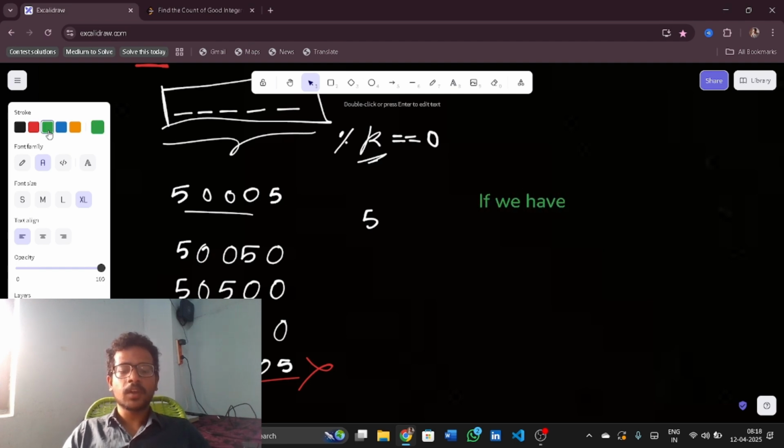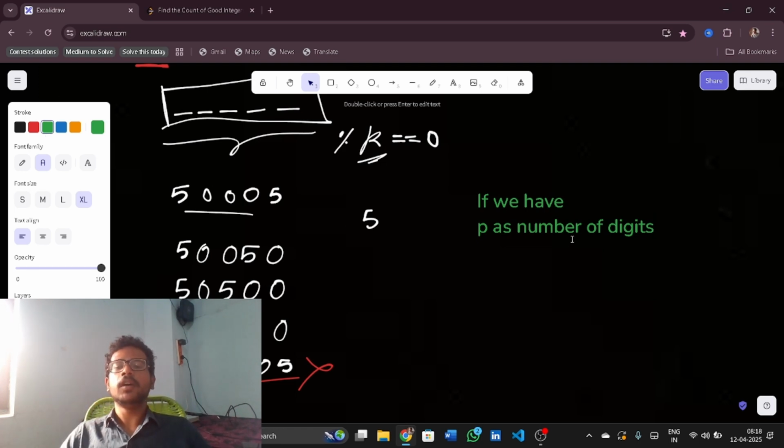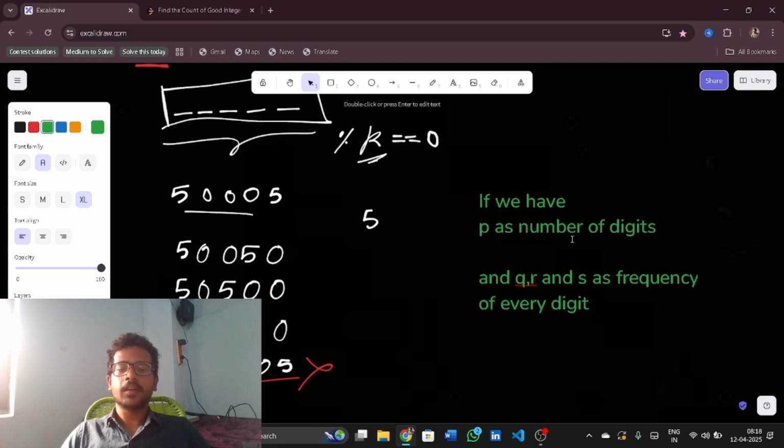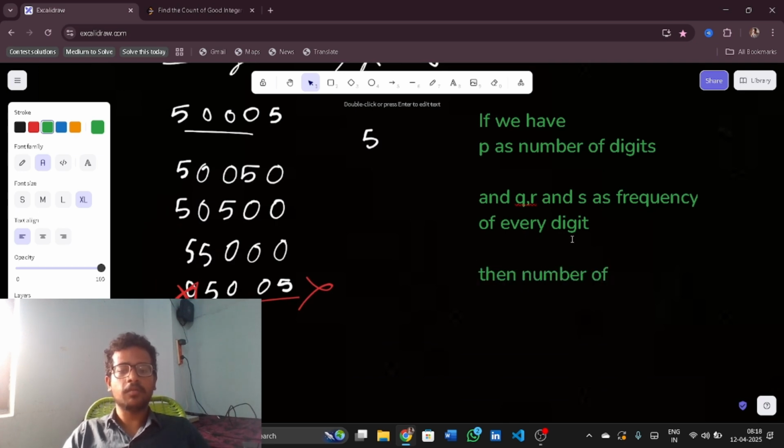If we have P as the number of digits, here I have 0 and 5, and then Q, R, and S as the frequency of every digit, then the number of permutations is P factorial by Q factorial into R factorial into S factorial, and if I have other digits, and so on.